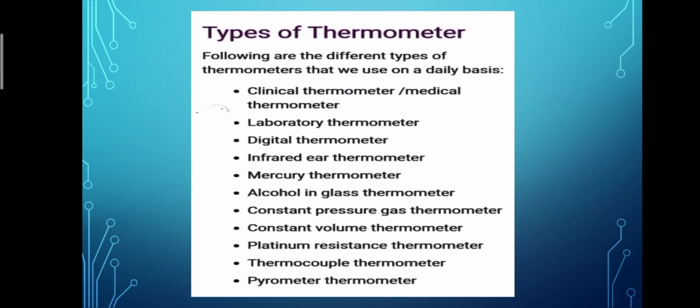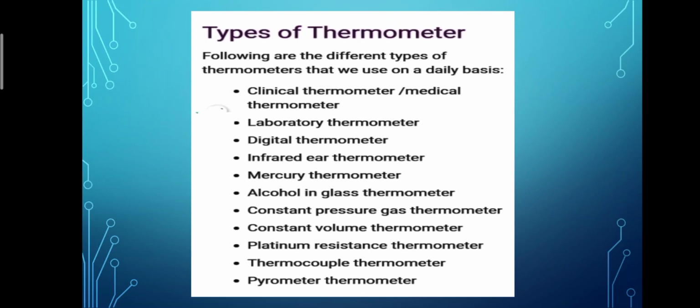Types of thermometer. Following are the different types of thermometers that we use on a daily basis. Number 1, clinical thermometer or medical thermometer. Number 2, laboratory thermometer. Number 3, digital thermometer. Number 4, infrared ear thermometer.